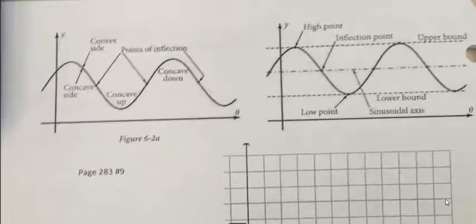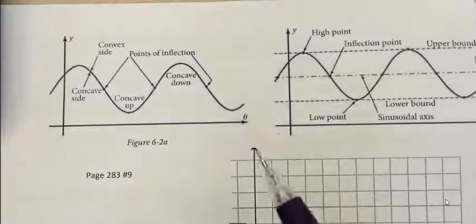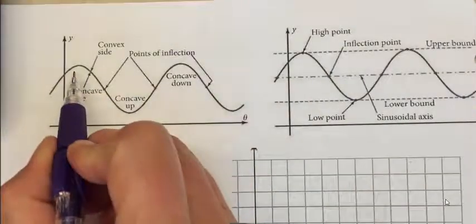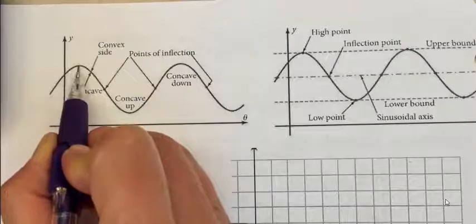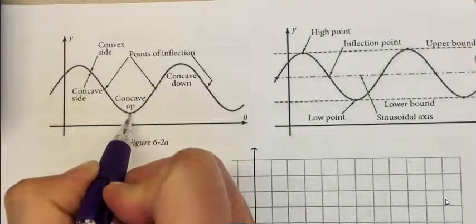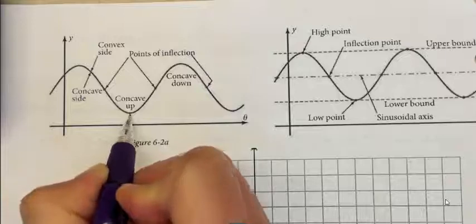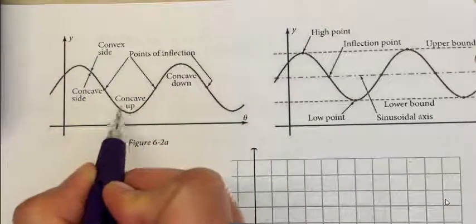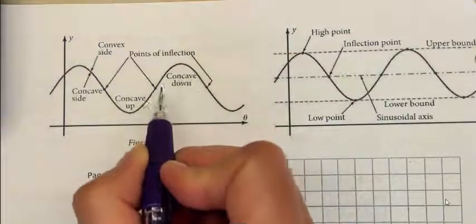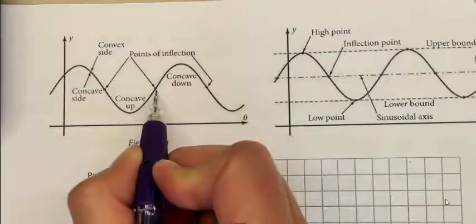A little review here. So in a sinusoid function, we've got a critical point that's a max, a critical point that's a min, and so on. You have concavity, so you have concave up and concave down, and in between there's the point of inflection.